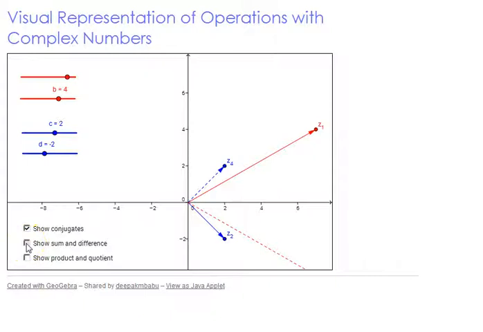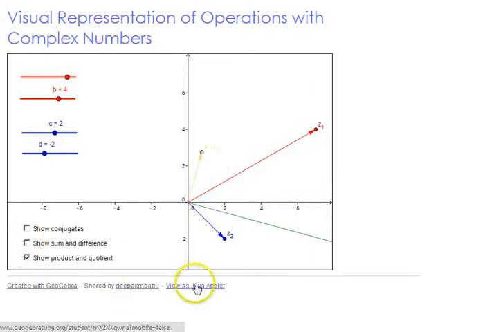Okay, you click that and say show the sum and the difference, and you should be able to see the sum and the difference there. The sum is the purple line, the pink line is the difference, Z1 minus Z2. And I can show the product and quotient if I want.